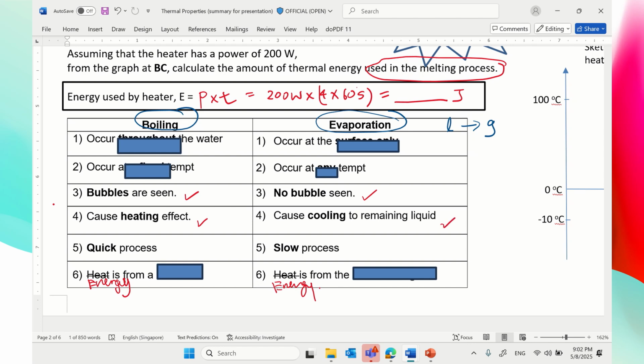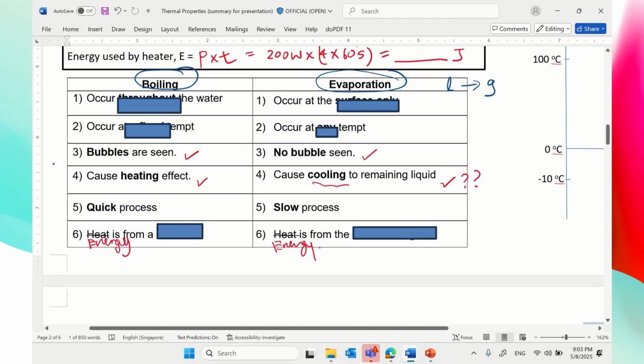Similarly, if you have a bit of kerosene spill on your hand or perfume and you blow on it to evaporate very fast, it will give you the cooling sensation on your skin. So evaporation causes cooling. Later, there's a need to explain why evaporation causes cooling by using the kinetic theory of particles.